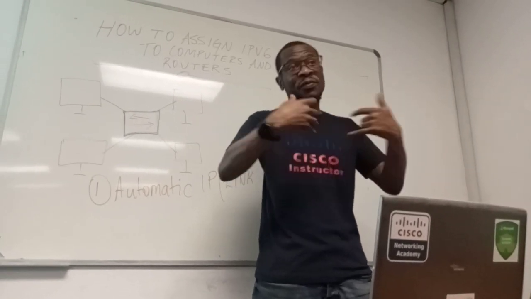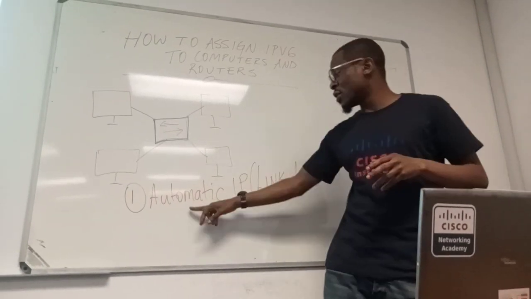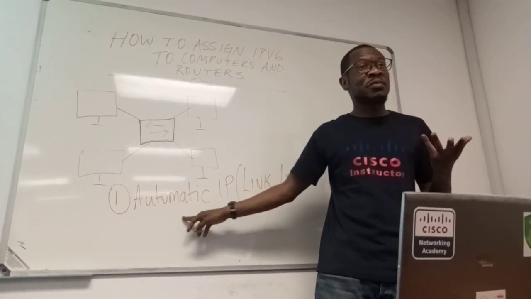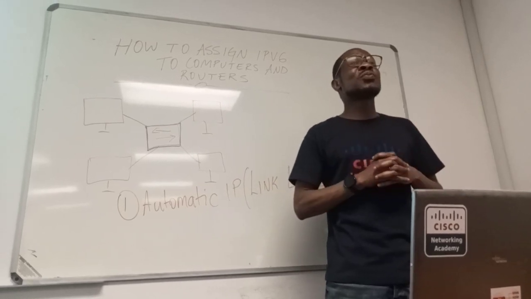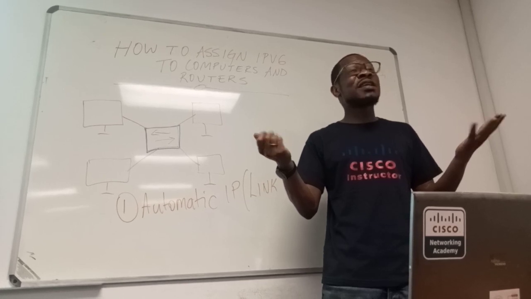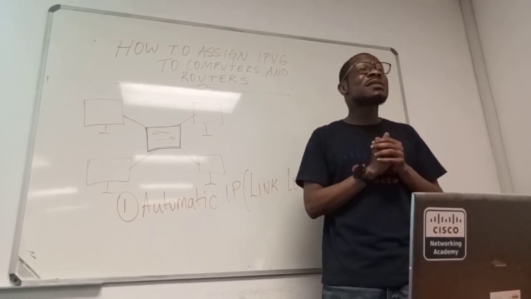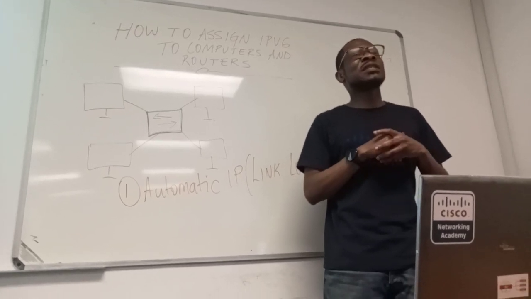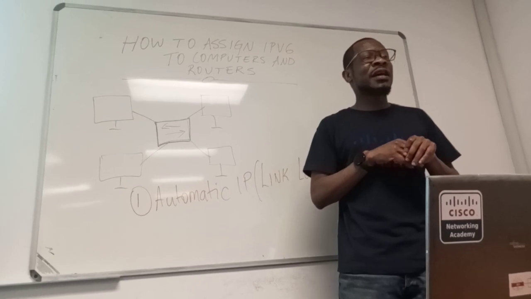And you are done with the cabling. Now we want to check for the link local, the automatic IP, because we discussed previously that when you are done with cabling, your computers will get an automatic IP, and they can try to communicate using that automatic IP, especially in local area networks.